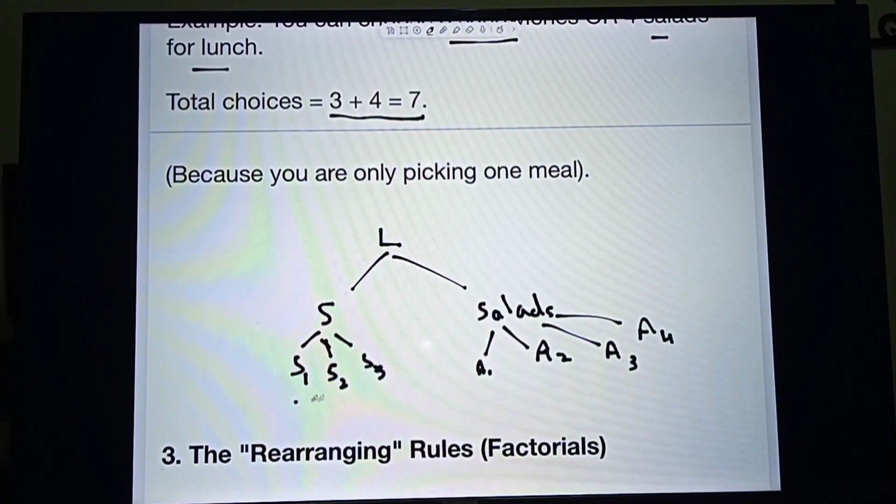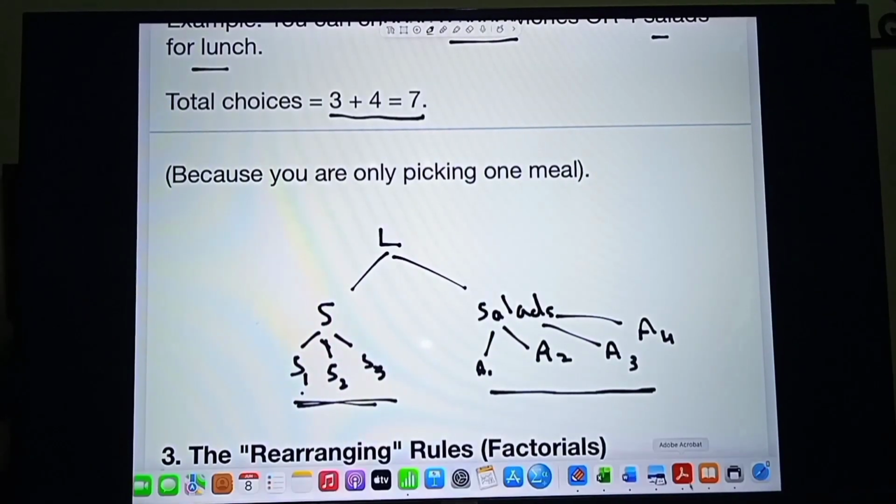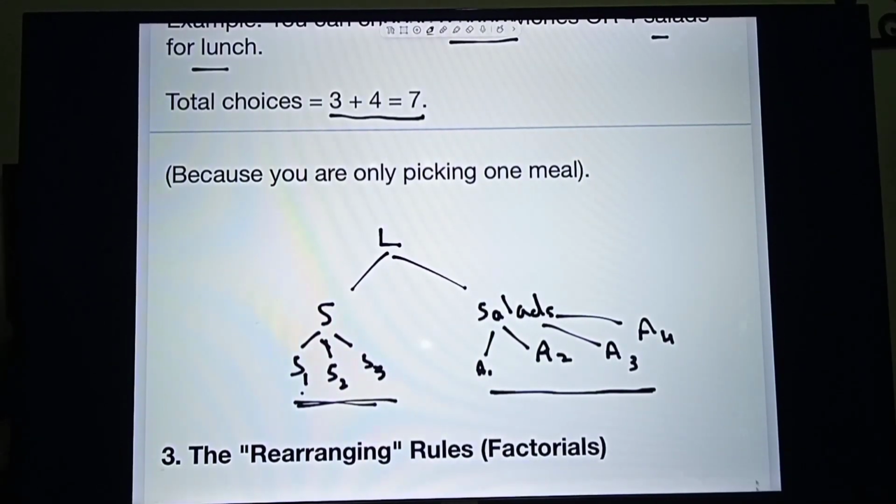Now this is total 3 and this is total 4, which makes 7. So you can choose only one of them. We have to choose one meal out of 7. That is, we have to choose either S1 or S2 or sandwich 3 or salad 1 or salad 2 or salad 3 or salad 4.